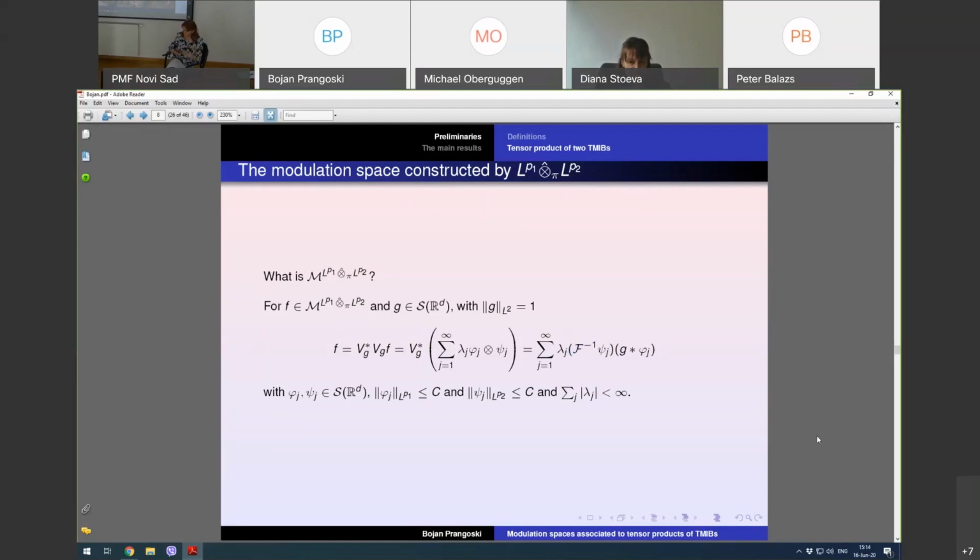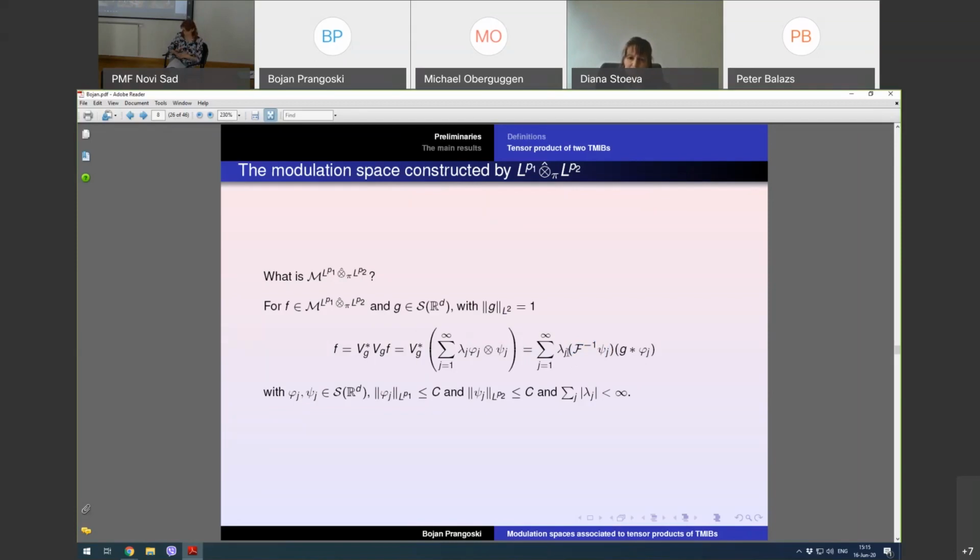However, the global behavior will depend, of course, on both p1 and p2, because the sum has to be absolutely convergent simply because of the Grothendieck theorem. When we realize this, we quickly understand that the correct problem to look at is not the tensor product of two L^p spaces, but in fact the tensor product of two amalgam spaces.